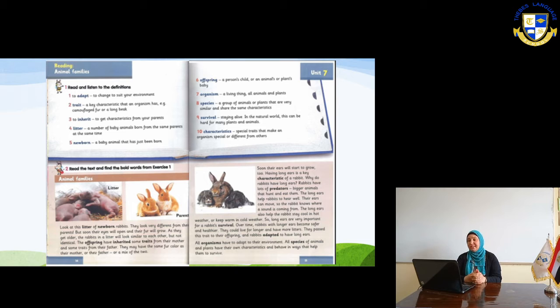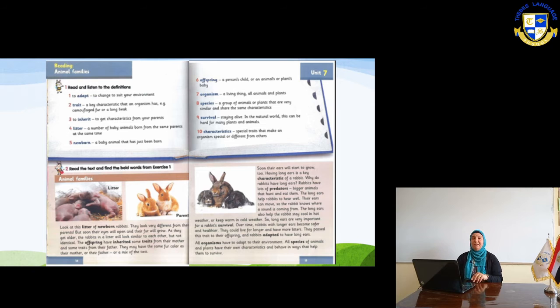The long ears help rabbits to hear well. Their ears can move, so the rabbit knows where a sound is coming from. The long ears also help the rabbit to stay cool in hot weather or keep warm in cold weather. This is very interesting. So long ears are very important for rabbit survival.